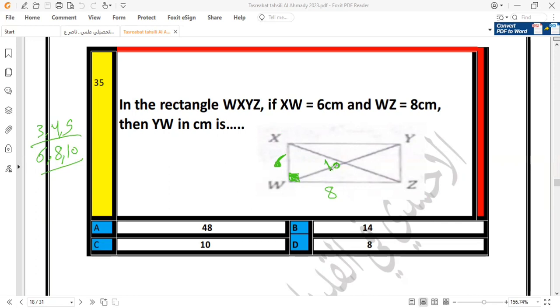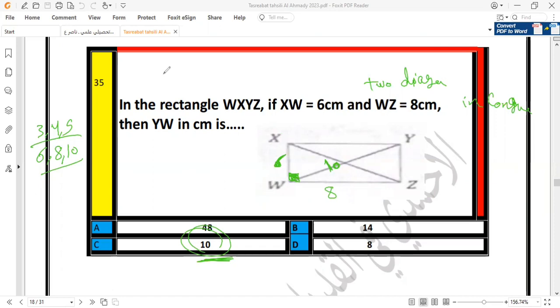Okay, so here XZ equals 10, and in a rectangle, the two diagonals are congruent. So here WY equals XZ equals 10. They are congruent.